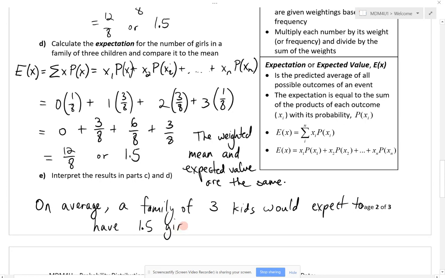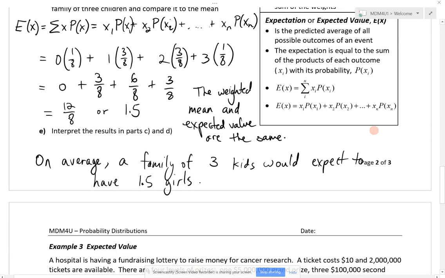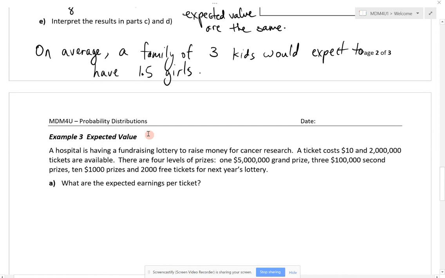Now, in this kind of a context, it's hard to make sense of 1.5 of a human being, but mathematically, that's what we're saying. Each family of 3 kids would just have 1.5 girls.